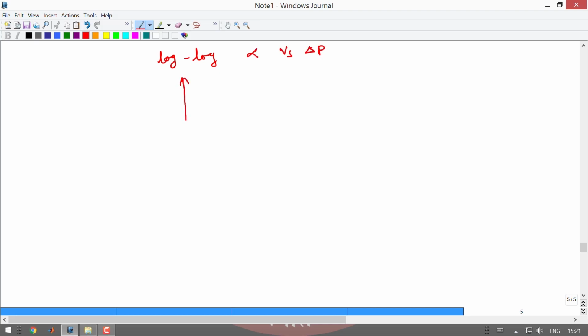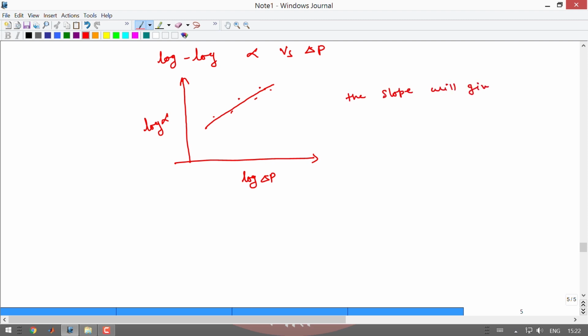I am just giving the rough plot here, log alpha versus log delta P. So it will come similar to a straight line if you fit the points. So from this plot, the slope will give the value of S.